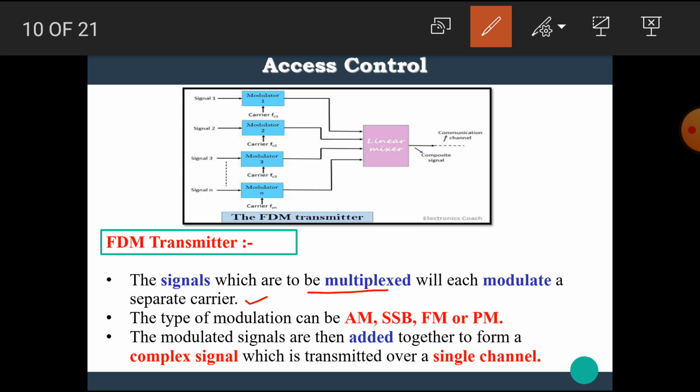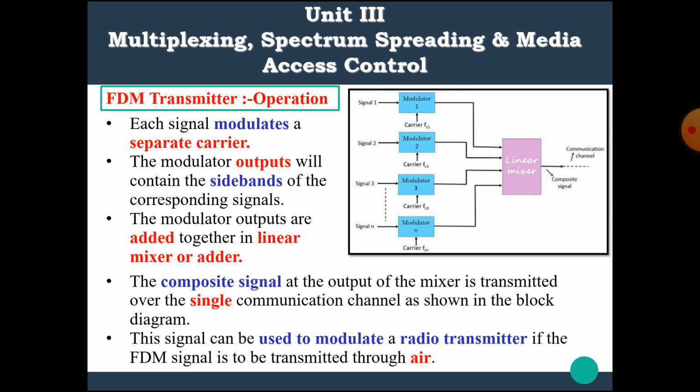The type of modulation can be AM, that means amplitude modulation, SSB, that means single sideband modulation, frequency modulation, or phase modulation. The modulated signals are then added together to form a complex signal which is transmitted over a single channel.